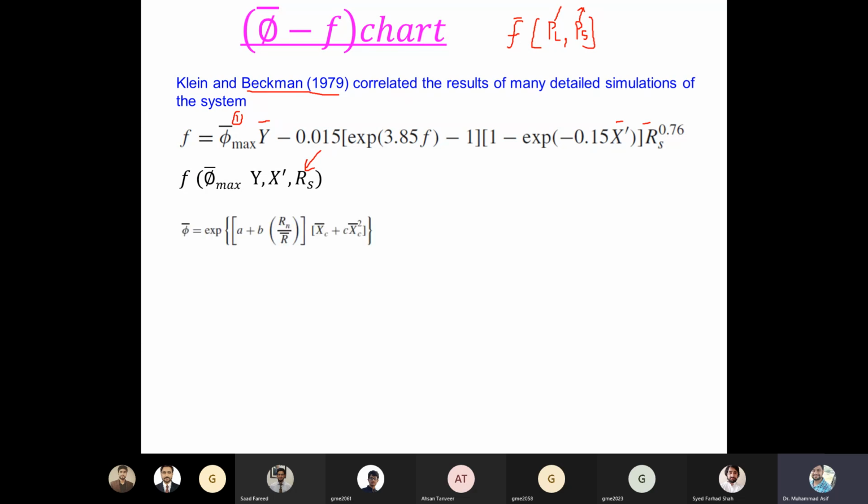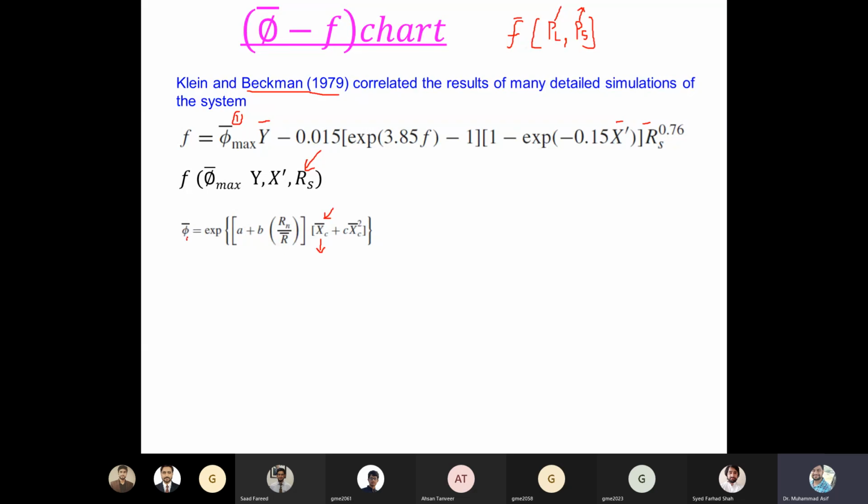So this phi value can be calculated, and it was represented by Klein and Beckman with the help of some coefficients a, b, and rn. Rn and r we have defined in the previous class as well. Xc is the dimensionless critical radiation, but this is averaged on the monthly basis. Similarly, c is another coefficient. So to get the value of phi max, we need xc minimum, right?